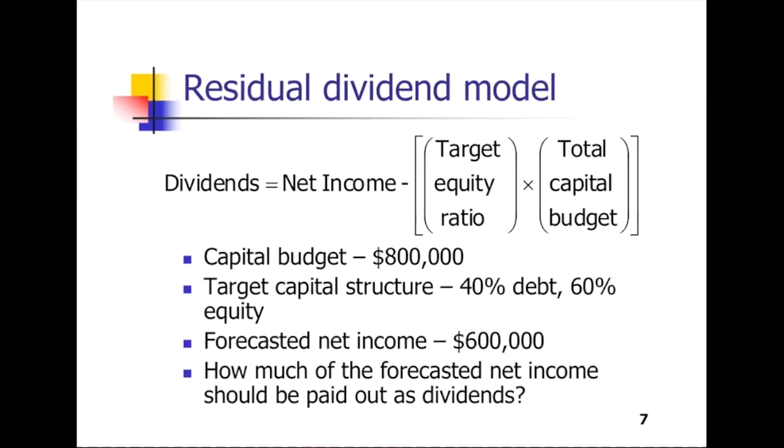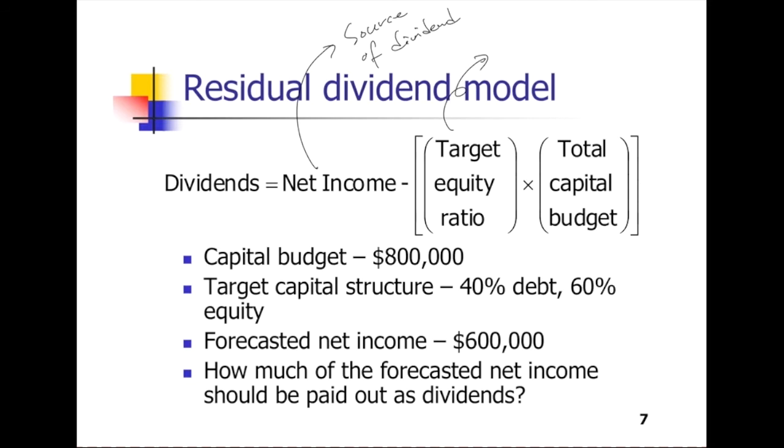This slide shows the residual dividend model. From this model, we can calculate how much of the forecast net income should be paid out as dividend. So the net income is the source of dividend, right? And the target equity ratio, how can you know the target equity ratio?